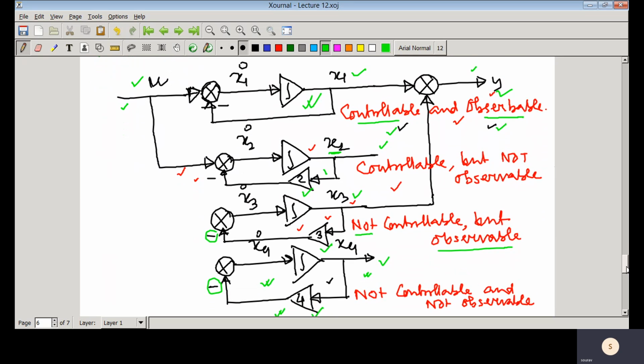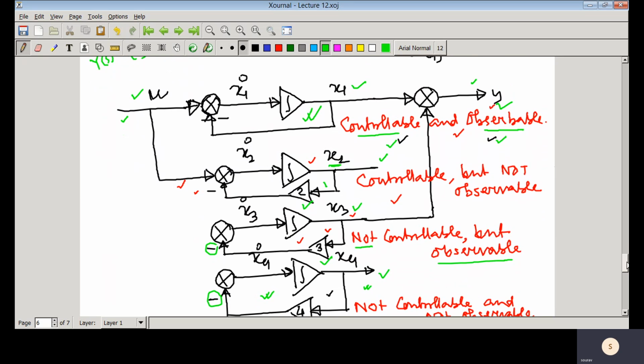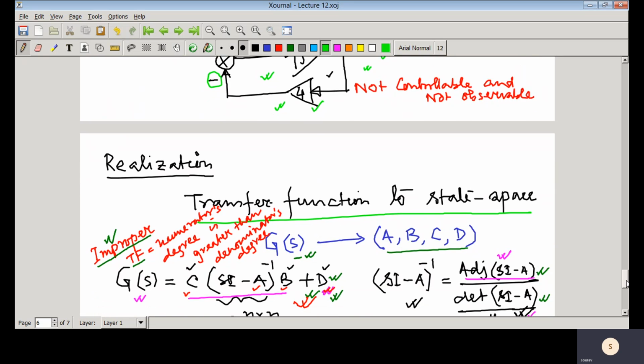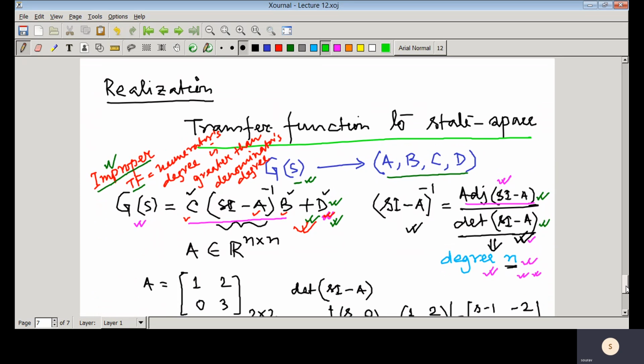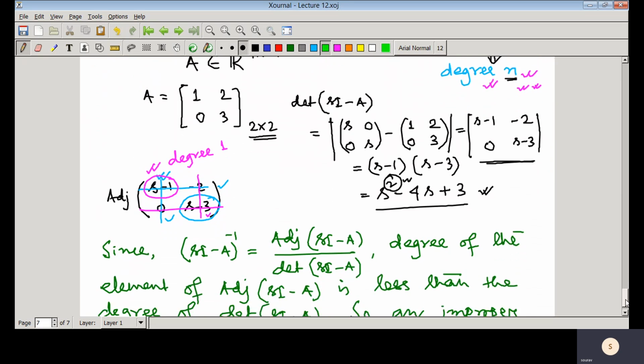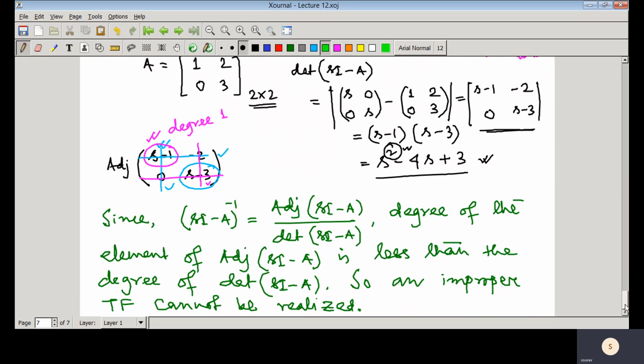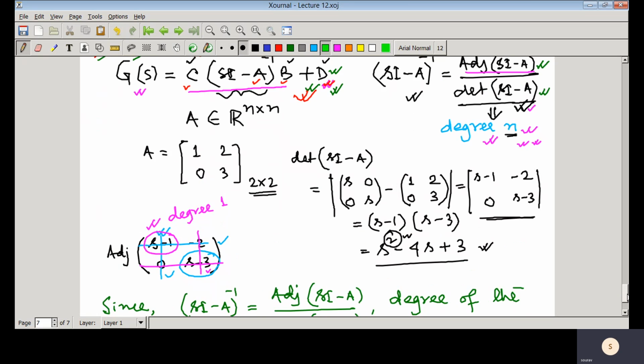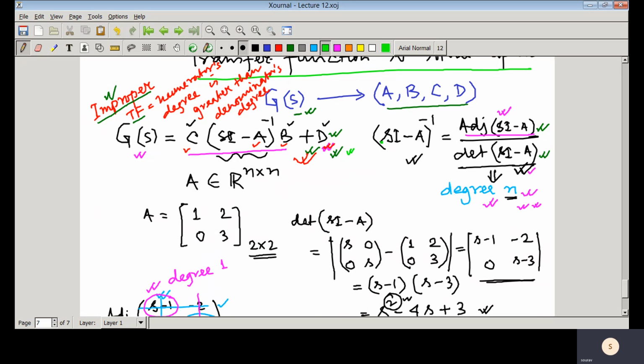So there are various combinations, four combinations, and then we discussed the realization problem. Realization means a transfer function is given, and we need to find the state space matrices A, B, C, D. Here we discussed that any improper transfer function cannot be realized. That means if an improper transfer function is given, there do not exist any A, B, C, D matrices such that the transfer function relationship holds.